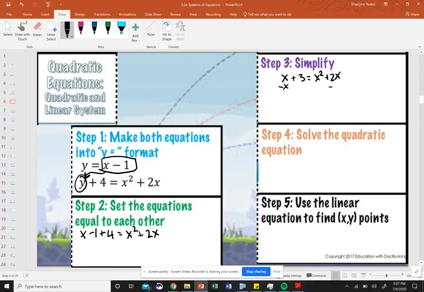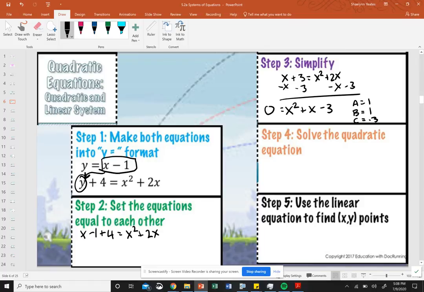Then I'm going to subtract the x, subtract 3, and I end up with 0 equals x squared plus x minus 3. And I'm going to use the quadratic formula. So I've got my a equals 1, my b equals 1, and my c equals negative 3.